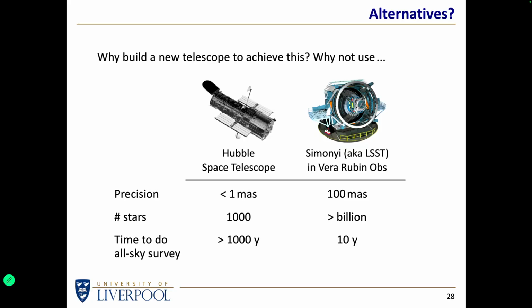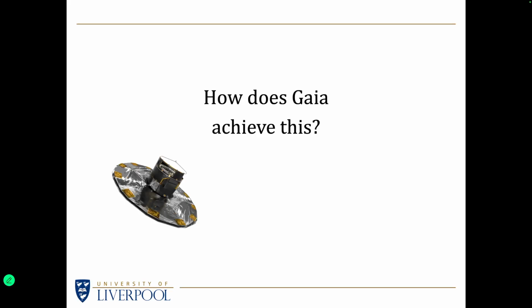And that's assuming it only looks at every star once. If you wanted to make measurements of stars multiple times, then it would take many thousands of years to do that. So some telescopes have the ability to do large-scale surveys. Some telescopes have the ability for high precision, but nothing could do both, which is why Gaia was built.